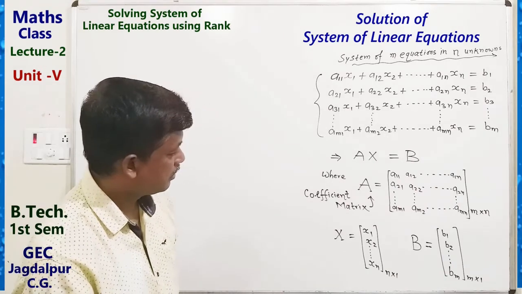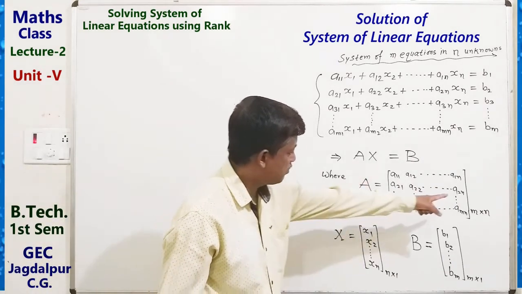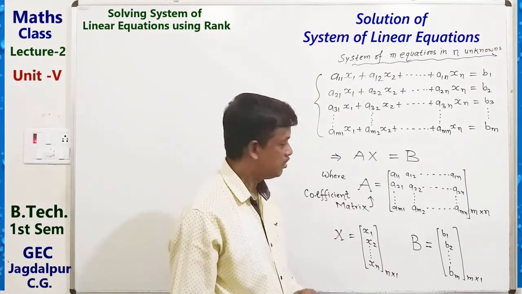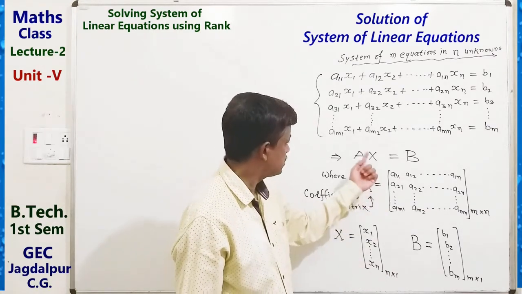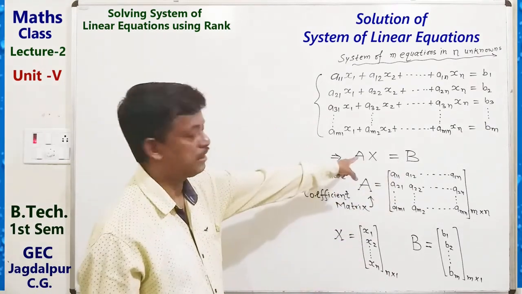Clear? Now A is m by n, x is n by 1, so Ax is m by 1. Ax equals B. This is the matrix form.